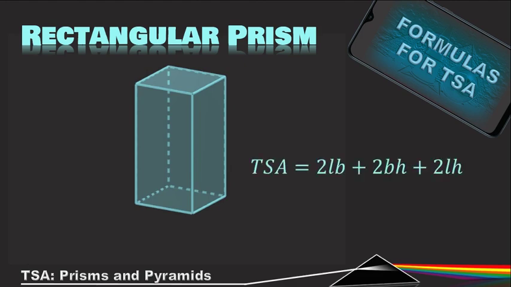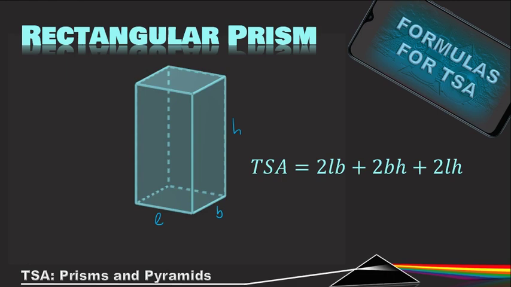So our formula for the total surface area, if we name our sides as length and breadth, and our height is h, is as follows. For the first part, 2 length times breadth, that represents our base, because the area of a rectangle is length times breadth, and then we multiply it by 2 to accommodate for the bottom and the top.